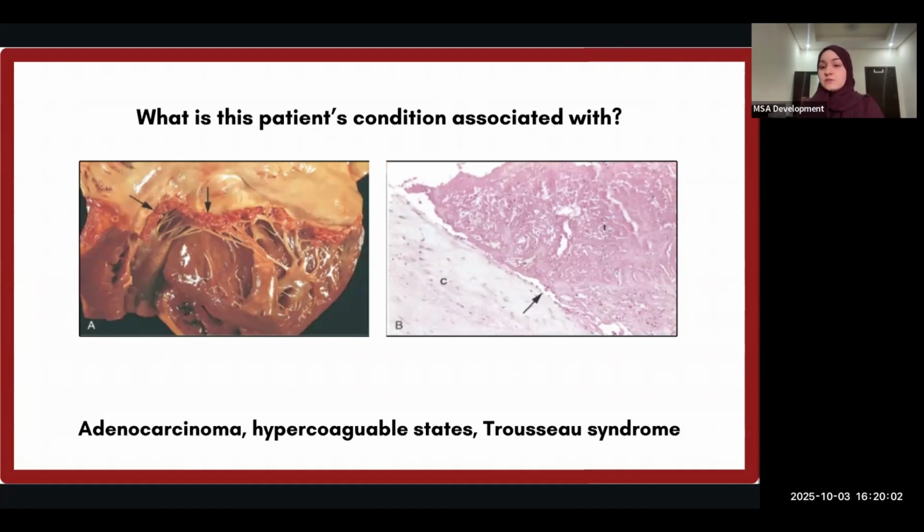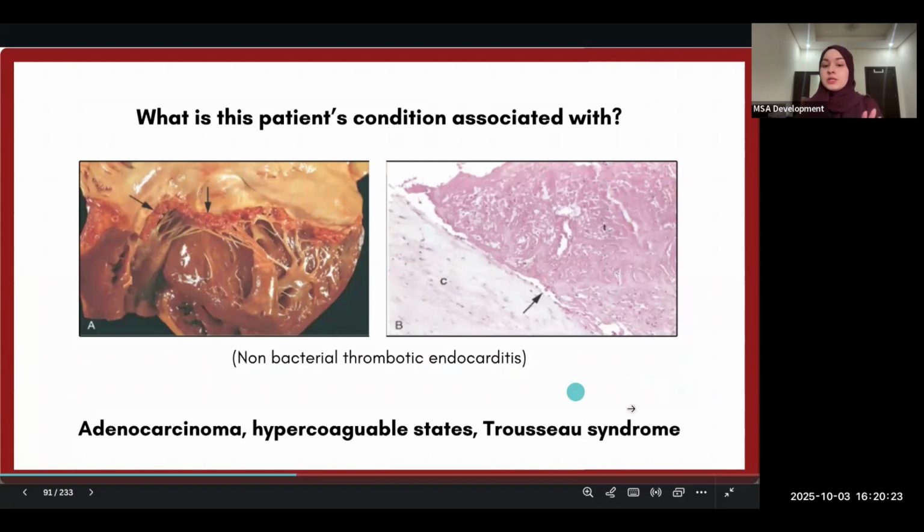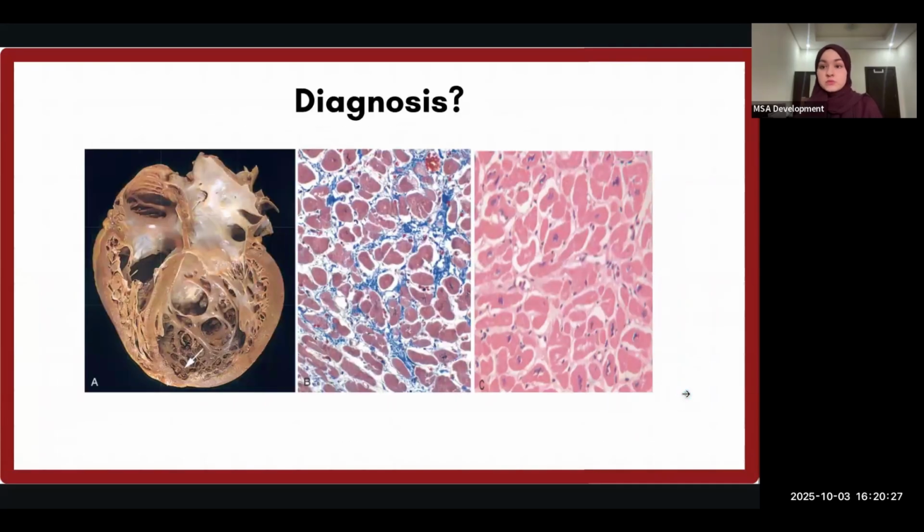Adenocarcinoma is very, very associated with it. Remember hypercoagulable states, high estrogen states, anything that can predispose to clot formation. Trousseau syndrome is a paraneoplastic syndrome that happens with certain malignancies. Just know it. Trousseau syndrome can be associated with non-bacterial thrombotic endocarditis. Okay. Next.